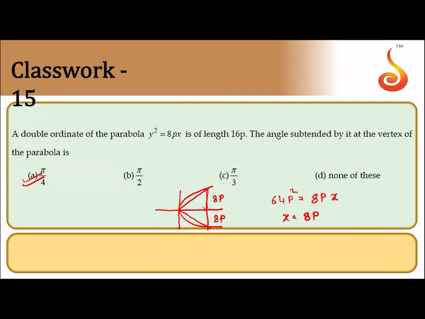So x is also 8p, and this is also 8p. So the angle between them will be pi by 4, because this is 8p and this is also 8p. We got this height as 8p. You substitute in the equation y square equal to 8px, we get x is also 8p. So the angle between them is pi by 4.